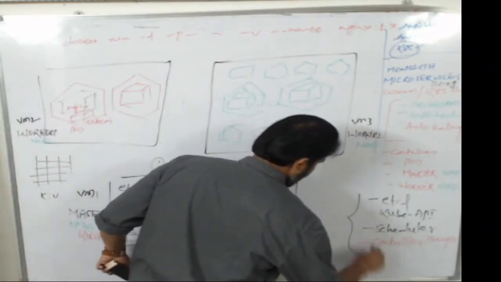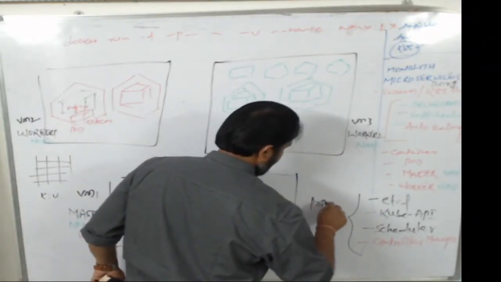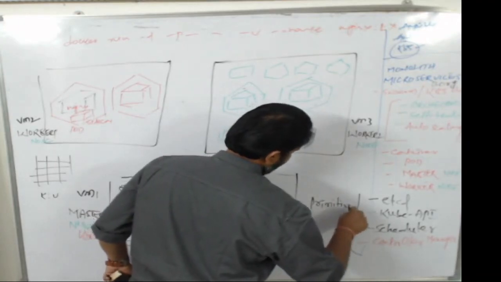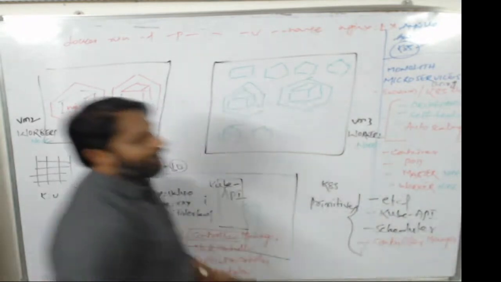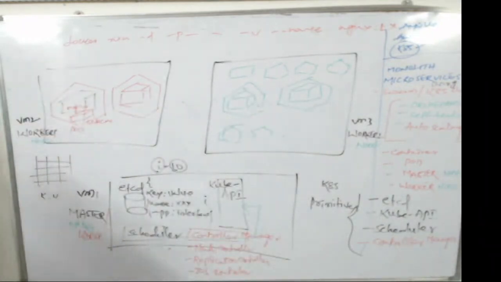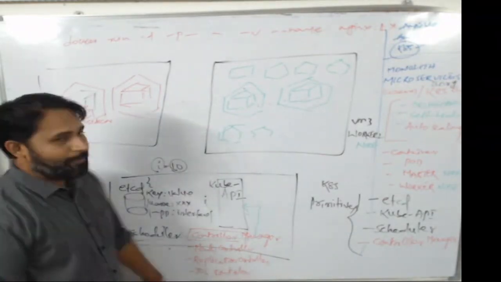And these are called primitives. Kubernetes primitives. You will see this name everywhere in the documentation. Kubernetes primitives are what we call the basics: how Kubernetes works, the major components of Kubernetes.